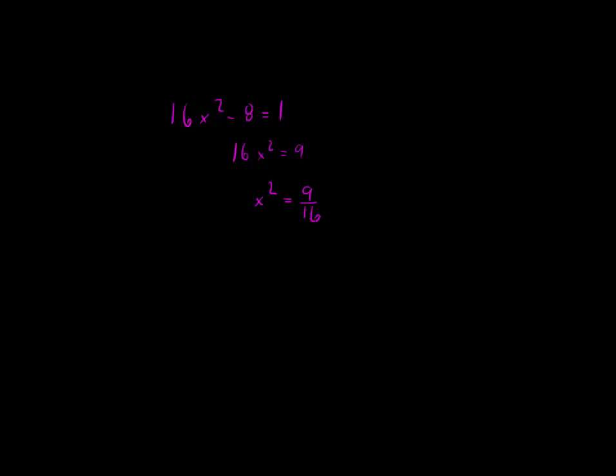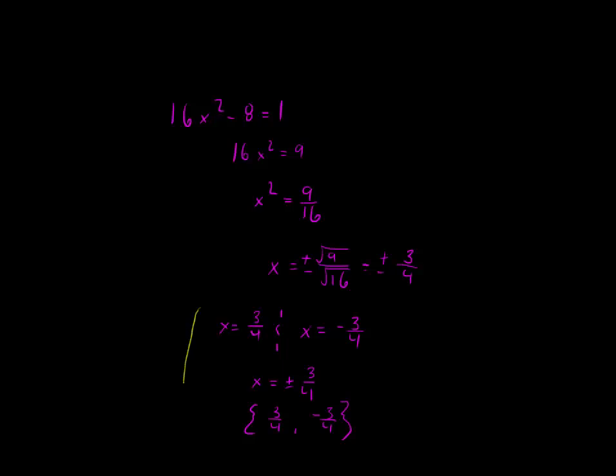Take the square root of both sides. Both 9 and 16 are perfect squares, so we should simplify. The square root of 9 is 3. The square root of 16 is 4. So our roots are plus and minus 3/4. All 3 of these are correct ways to represent your answer.